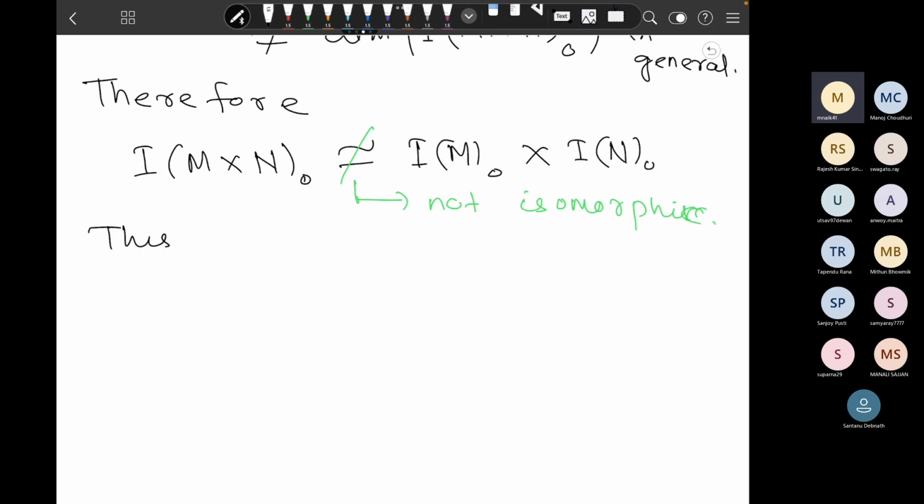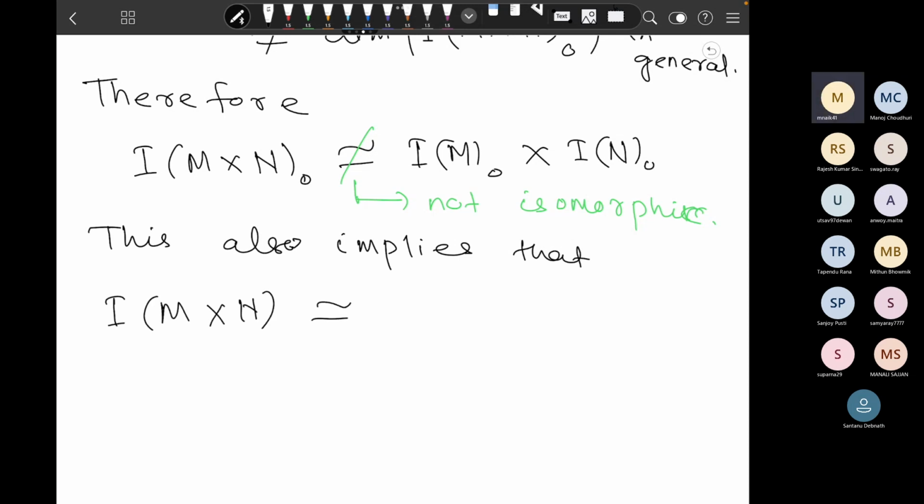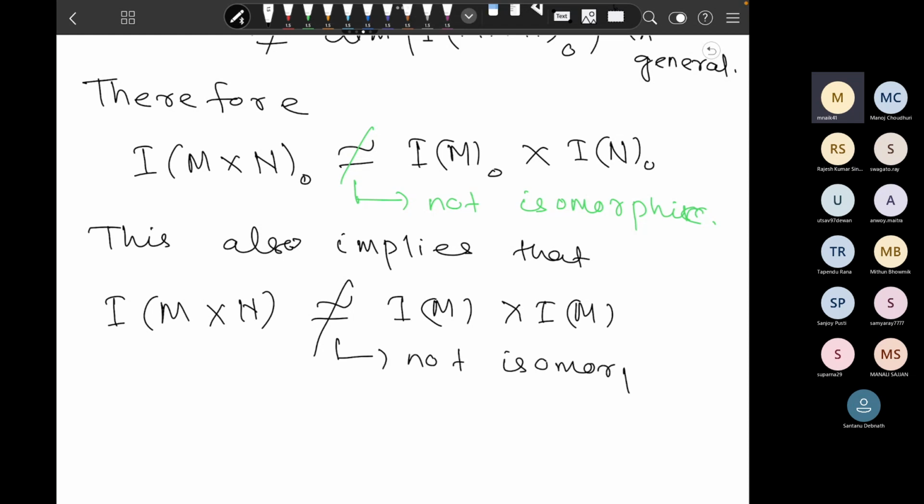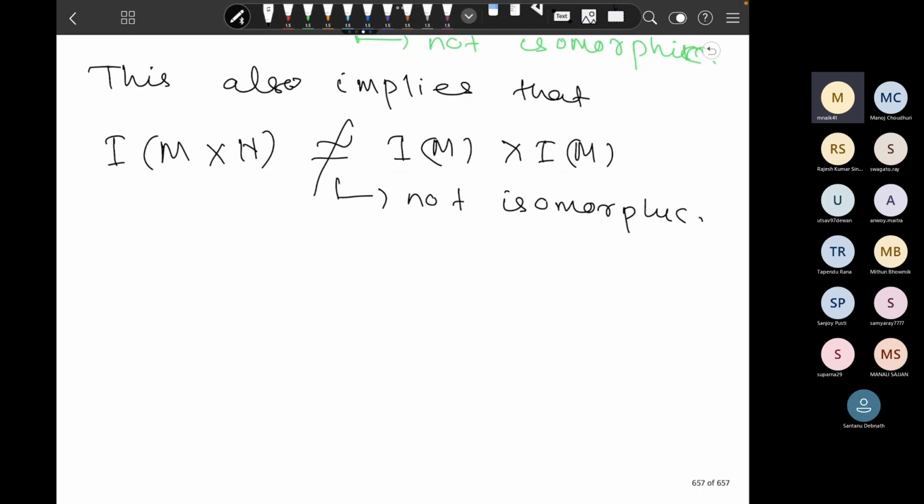So this also implies that I(M cross N) is not isomorphic to I(M) cross I(N). Okay. So this is not isomorphic. So hence it is true that.